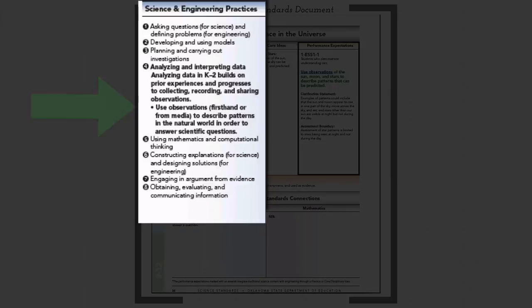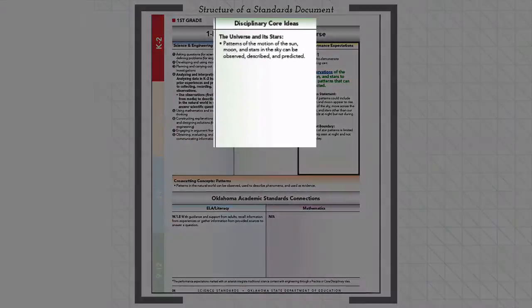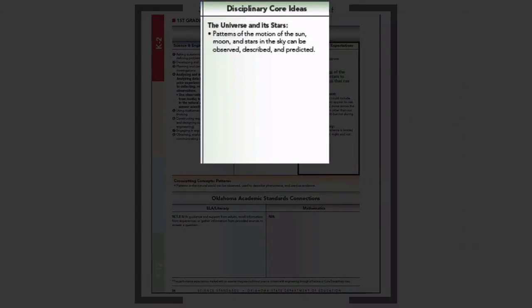The other 7 practices are listed to remind teachers that even if students are focusing on one particular practice in a performance expectation, they might use some of the other practices in their investigations. The middle column, again, represents the disciplinary core ideas associated with the performance expectation and provides further explanation of the content associated with the standard.